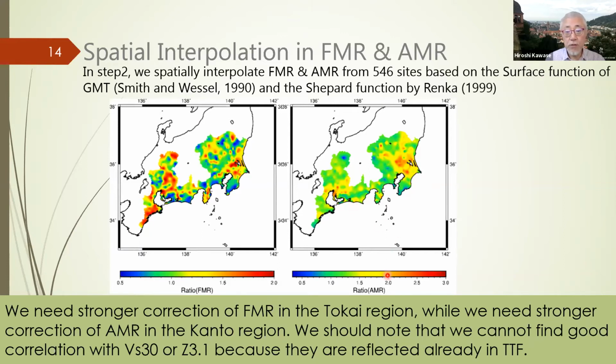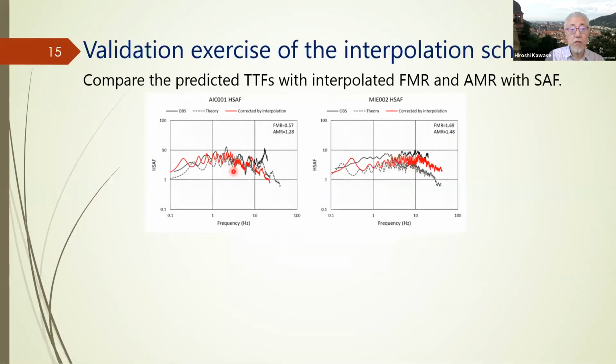However, we didn't see spatial correlation with geophysical parameters of the site, like VS30 or Z3.1, because they are already reflected in the transfer function. So this is a systematic distribution of our error in constructing the velocity model from the seismological bedrock to the surface.